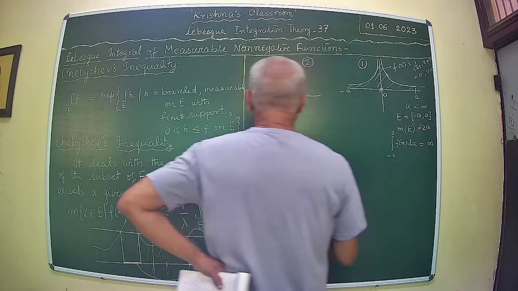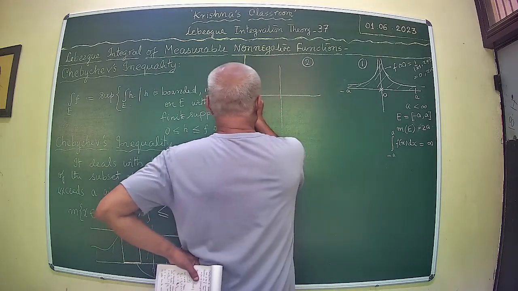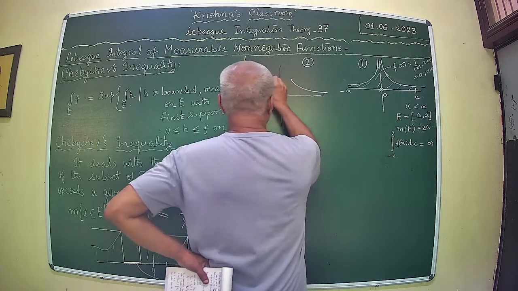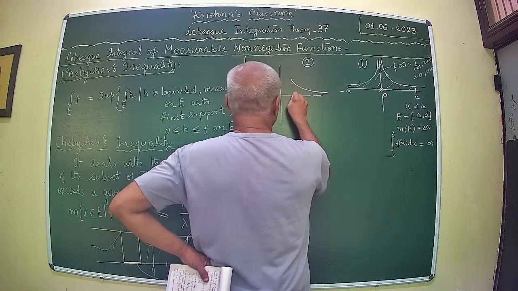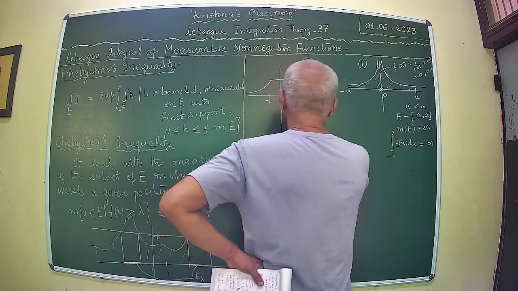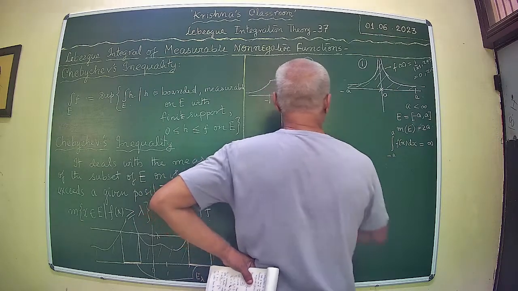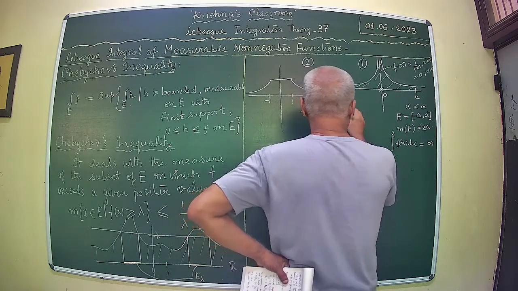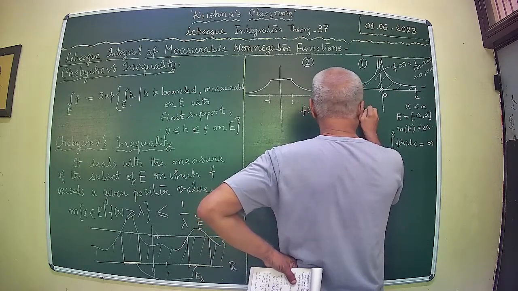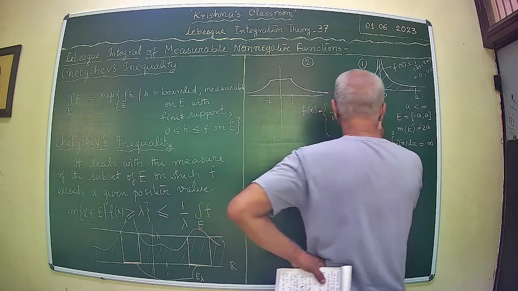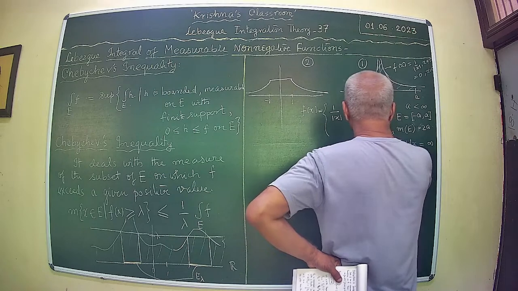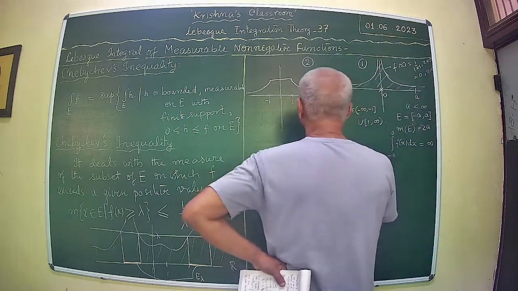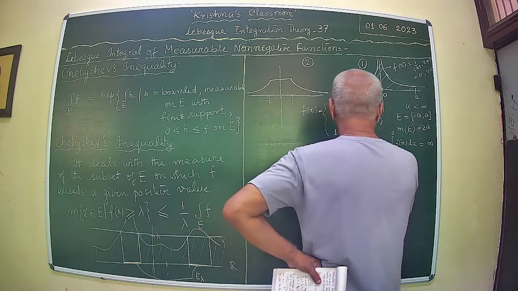Now you see that take the function f(x) equal to one by mod x for x belonging to minus infinity to minus 1 and 1 to infinity, and equal to say 1 for x belonging to minus 1 to 1.